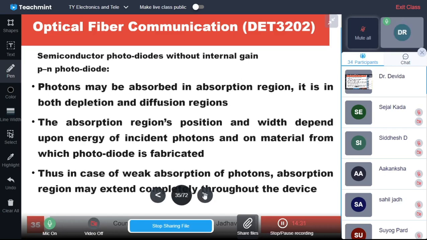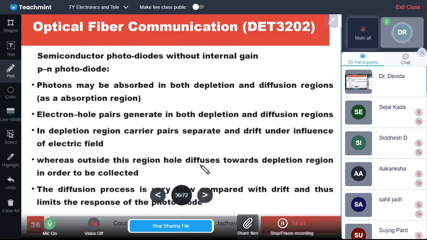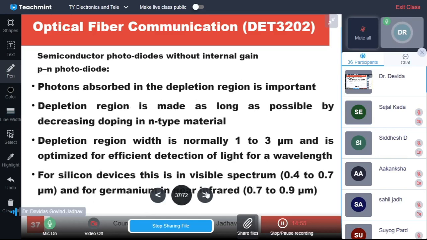In case of weak absorption, the absorption region may exceed the depletion region, and it will create the diffusion region. So electron hole pairs are generated in the depletion as well as the diffusion region. Outside the depletion region, the hole diffuses towards the depletion region in order to be collected, and the diffusion process is very, very slow. So photon absorption in the depletion region is important.